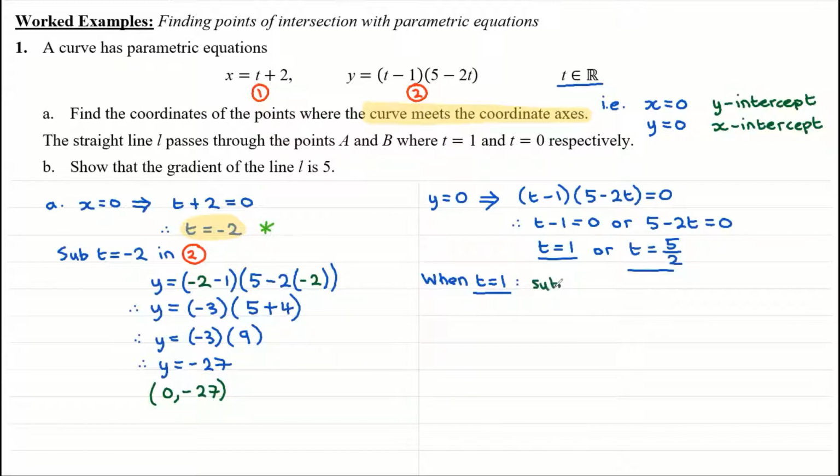So sub in equation 1. All right, so what's that going to give us? So that's going to be x is going to equal t plus 2. So that's just going to be 1 plus 2, which equals 3. Okay, so the first x-intercept is going to be at the point 3, 0.